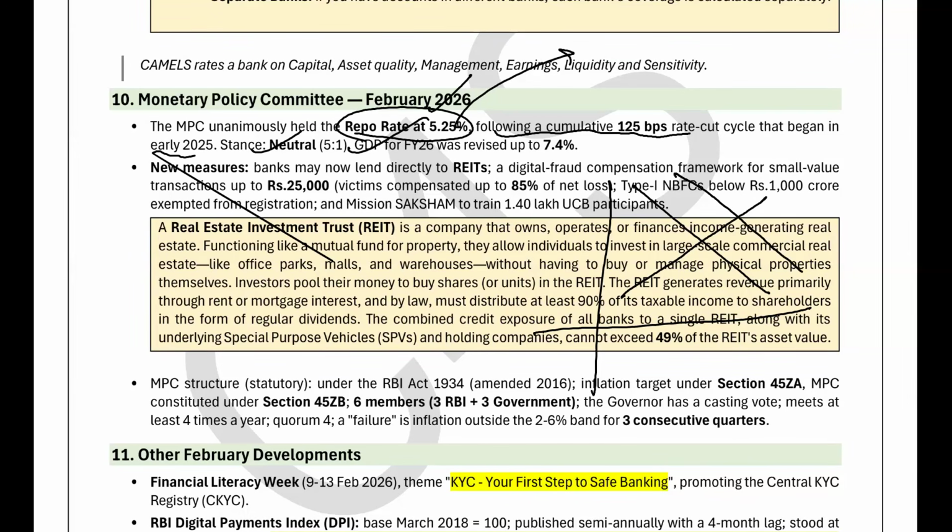And output is one of the methods by which we calculate GDP. That's why RBI is controlling this aggregate demand by monetary policy, which is CRR, SLR, MSF, policy rate, SDF. So RBI is actually controlling aggregate demand. And what happens by controlling aggregate demand? Inflation will change, right? So if RBI controls aggregate demand, there will be growth, and along with it there will be inflation as well. That is why it is called the inflation-growth trade-off. While RBI is controlling through monetary policy, you will always see in newspapers written: inflation-growth trade-off. Either RBI can control growth by aggregate demand or they can control inflation. They cannot control both together.